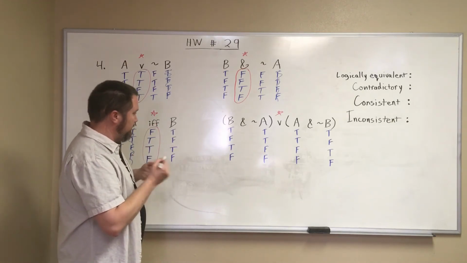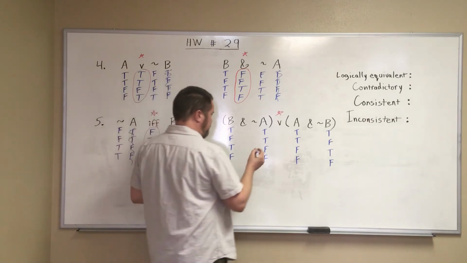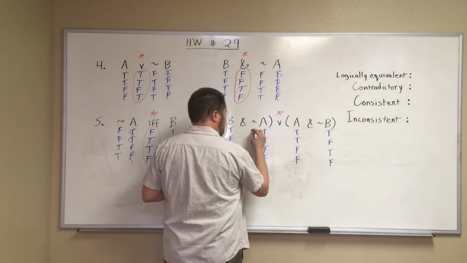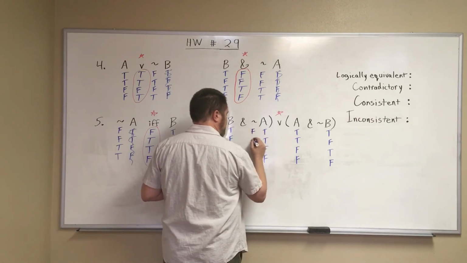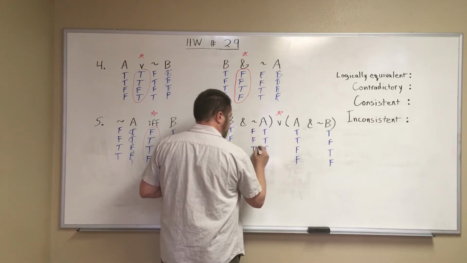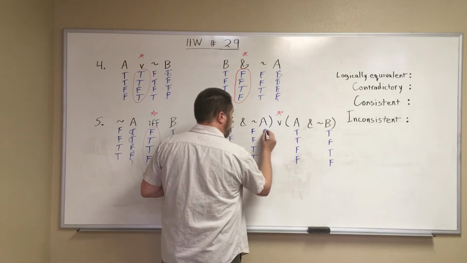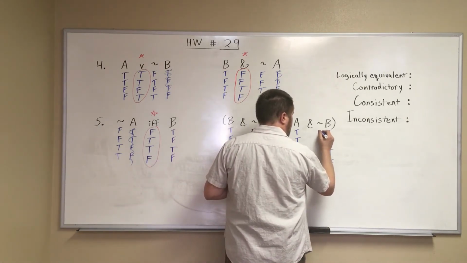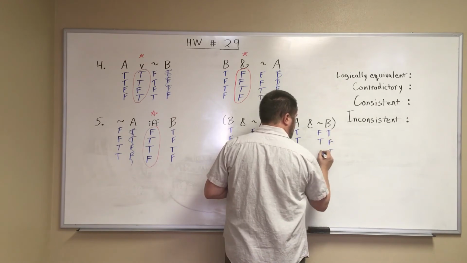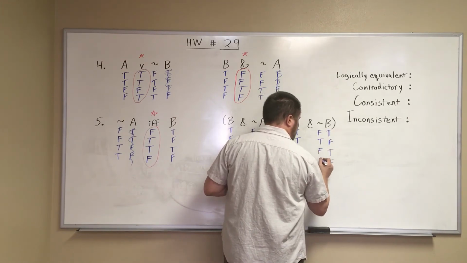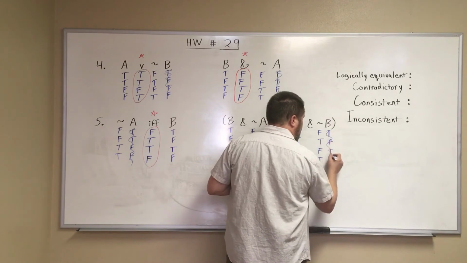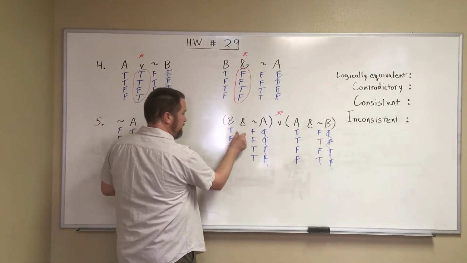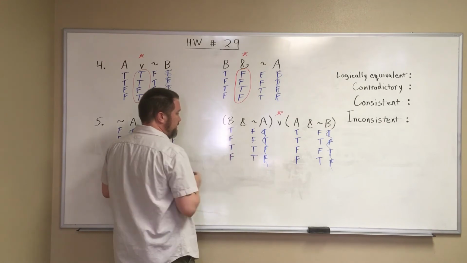So let's move to the second statement. Let's get the negations out of the way. So opposite truth values: false, false, true, true. Cross out under A. False, true, false, true. Cross out the column under B. Then we're looking at these two columns for this conjunction.